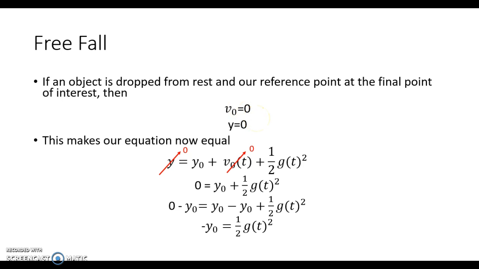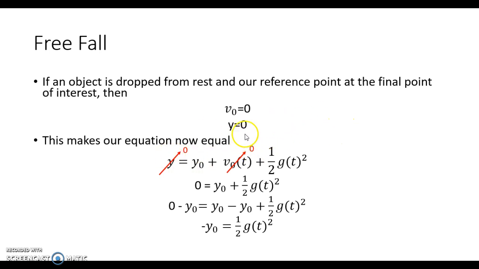Nothing has changed with that. However, in this case, remember our initial position, the displacement, or how far it was away from our reference point, actually has a value. So we cannot cancel that term out.